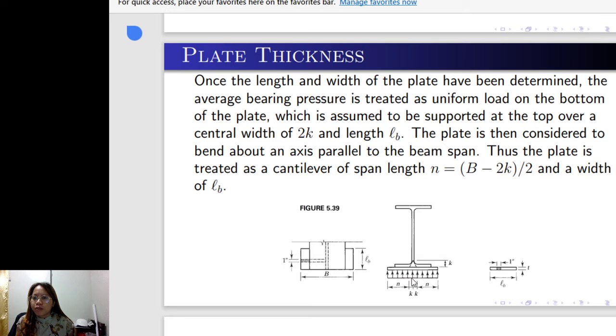The average bearing pressure is treated as uniform over the length of the bearing plate, which is equal to 2K plus N. This K, if you remember, we discussed earlier, is the distance from the outermost flange to the fillet.